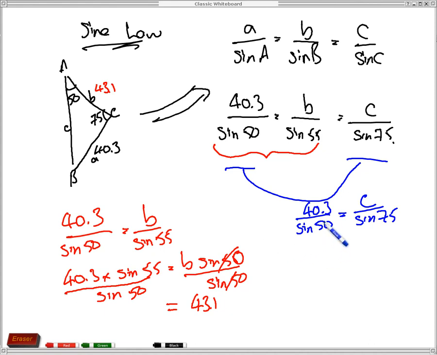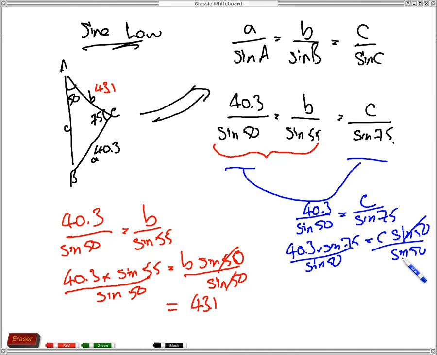And again we just rearrange it, cross multiply everything, so we get 40.3 times sine 75 equals C times sine 50, then divide both sides by sine 50. Those two cancel out. Put the values into here, use my calculator, and I get 50.8 equals side C.